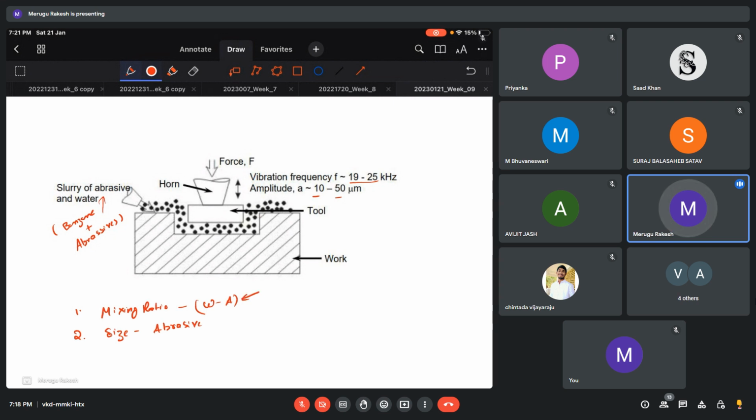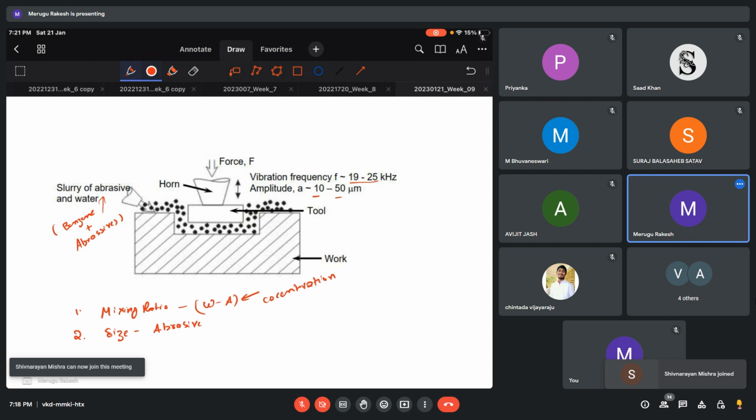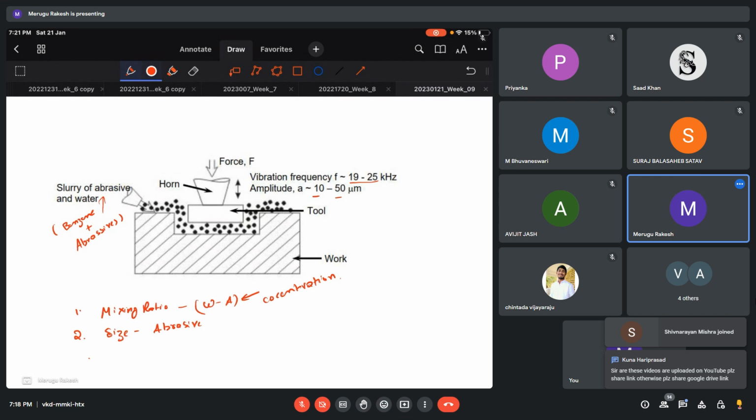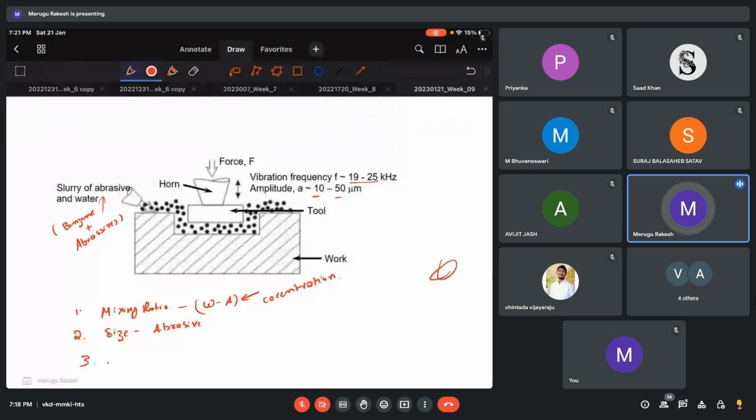I can also call this mixing ratio the concentration. Then I can play with the amplitude, which I denote with small a. These are some of the parameters I can play with in order to get the desired surface finish, or the desired tolerance that I need in any type of work.